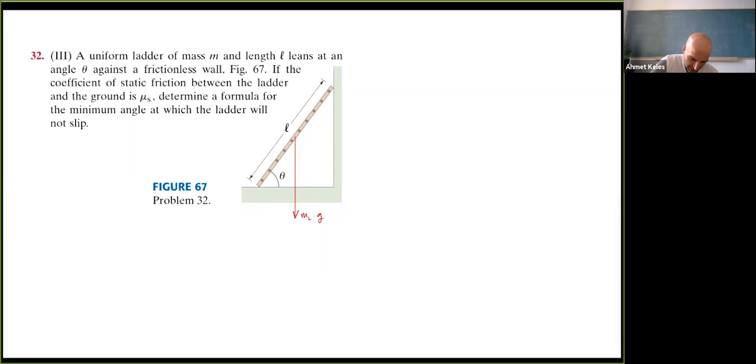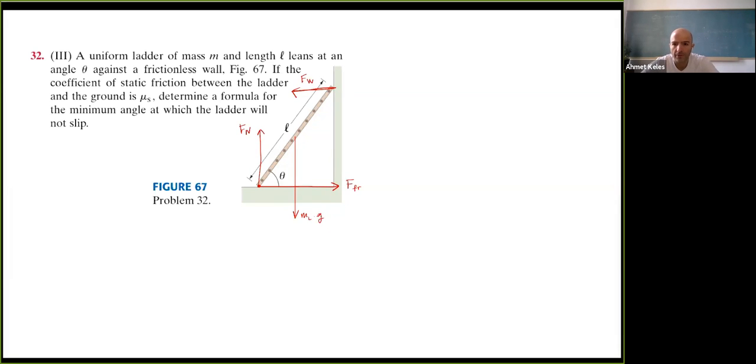There is a normal force here. So this is F normal. So there is a friction force here like this, F friction. And finally, there is a normal force on the wall. Maybe I can call it Fw for the wall. Is that it? Did I miss anything here? Everybody's here, right? Okay.